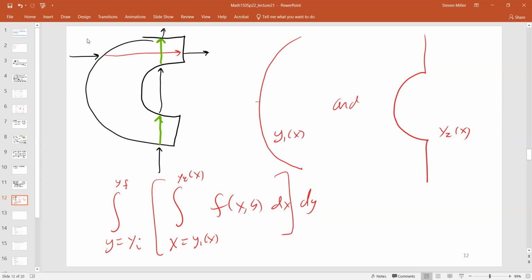If you really don't want to do the x integration first, maybe the y integration is easier. What could you do? So is there anything related to this that's vertically simple?